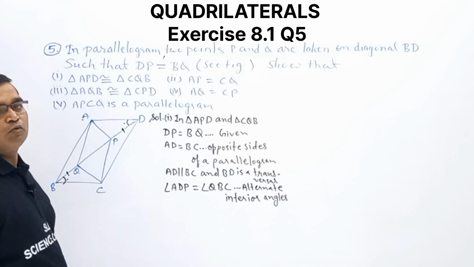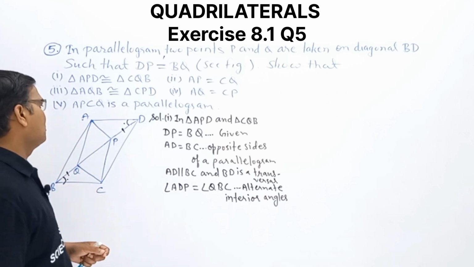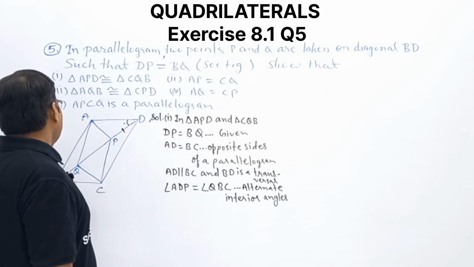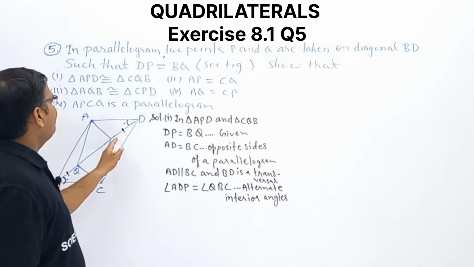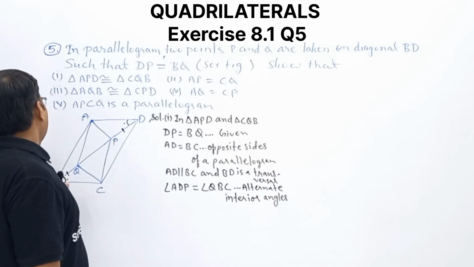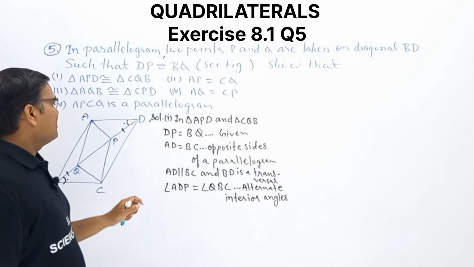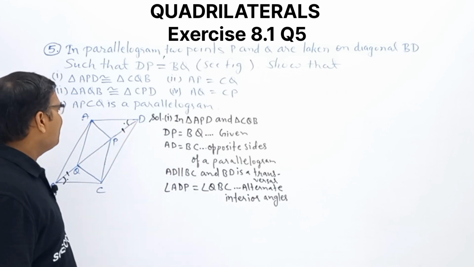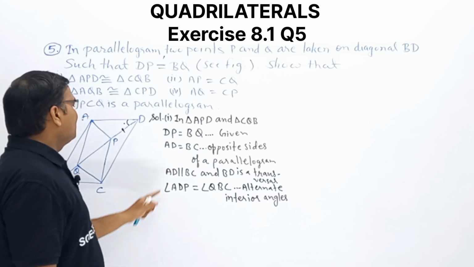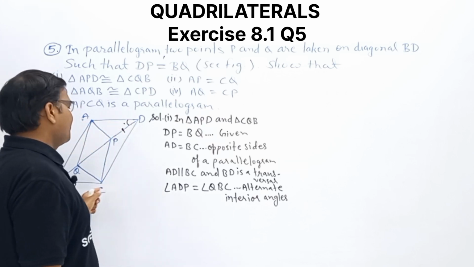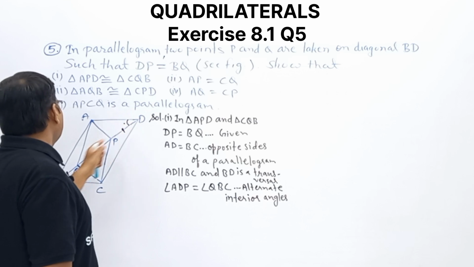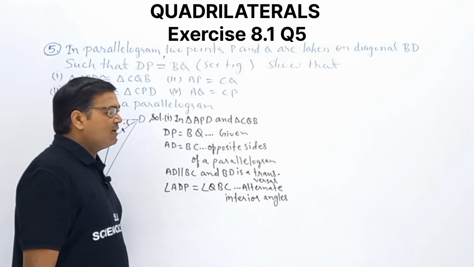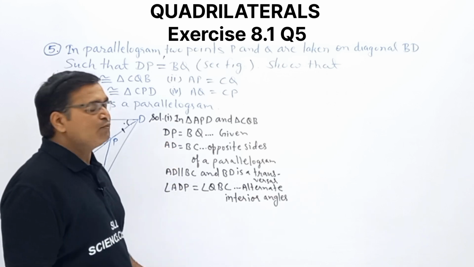These two triangles we want to show that these are congruent or not. So we are taking triangle APD and CQB. In these two triangles DP equal to BQ, that one is given in the question, and AD equal to BC. AD and BC are opposite sides of a parallelogram and they will be equal. Now these are parallel lines and BD is transversal, then this angle equal to this one. Why? Alternate interior angles. Three things of these two triangles we equate.